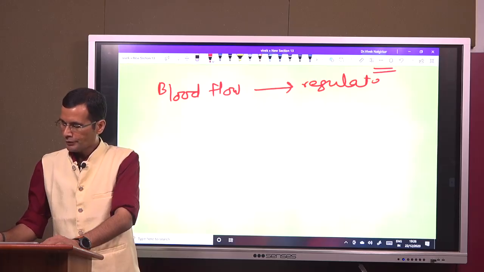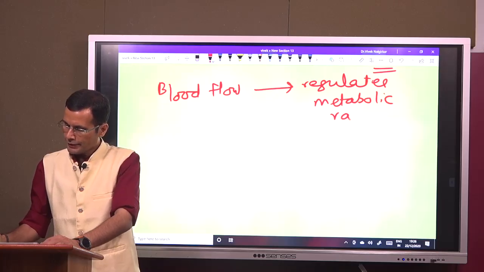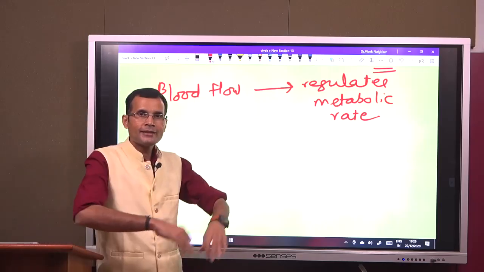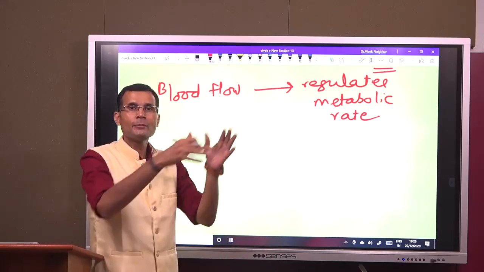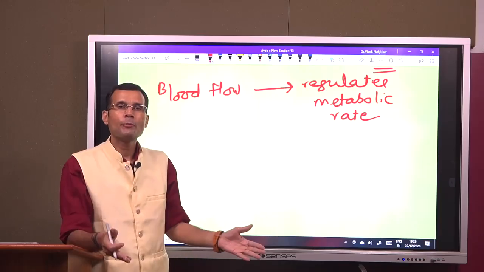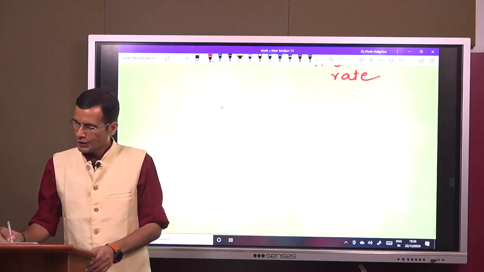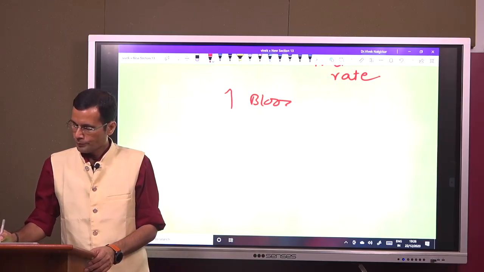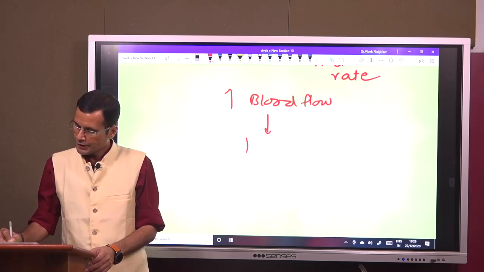Do you get the point? Elsewhere, metabolic rate regulates the blood flow. The kidney is exactly opposite. Blood flow regulates the metabolic rate. How? Very obvious. Increased blood flow means increased GFR.